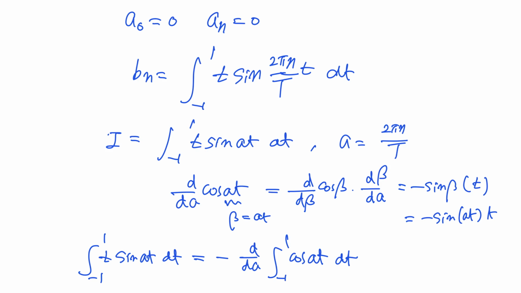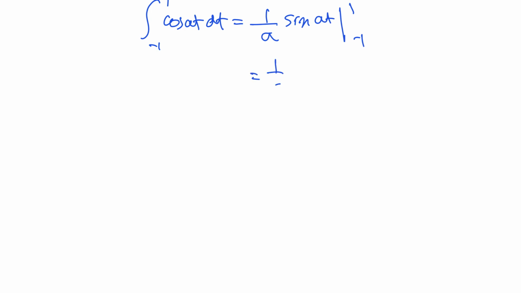So another potential problem is this. The integral of cosine at dt is the same as 1 over a sine at, evaluated from minus 1 to 1, right? So this is 1 over a times sine a minus sine minus a, which is 2 over a sine a.